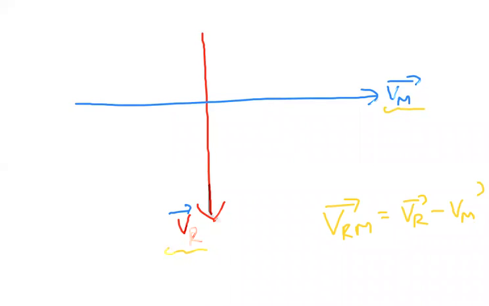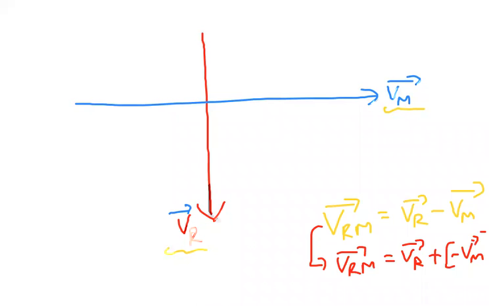This is my formula. So here the observer is subtracted. We can also write Vrm bar is equal to Vr bar plus minus Vm bar.